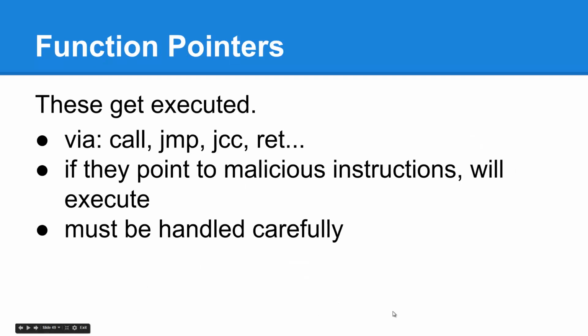So function pointers, when they get executed, it's typically at the assembly level via call, jump, maybe a ret instruction. The fun fact about von Neumann architecture is that it cannot distinguish between data and instructions.